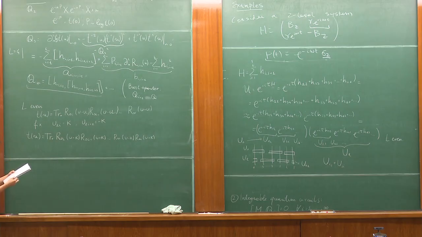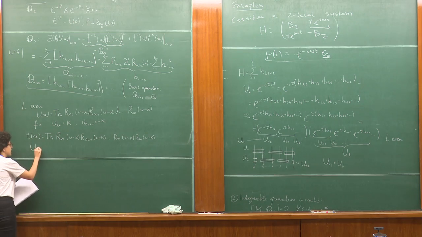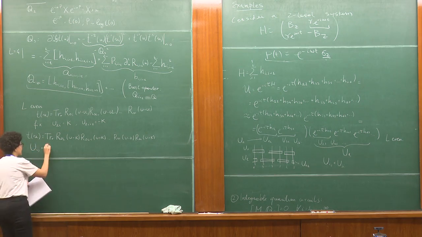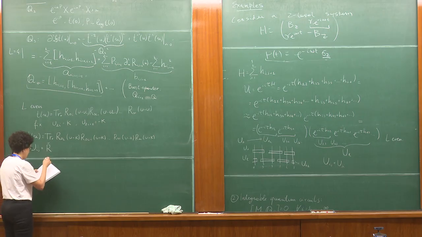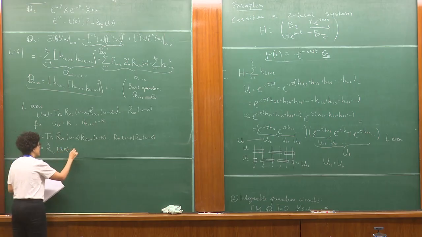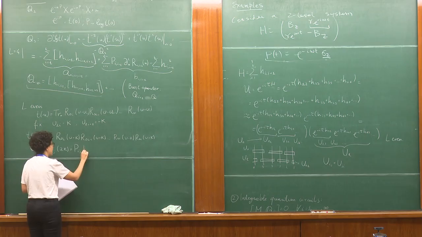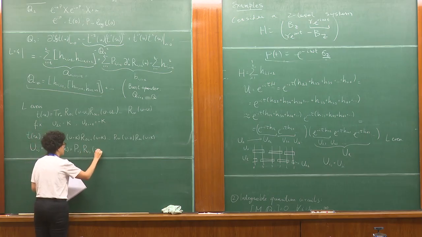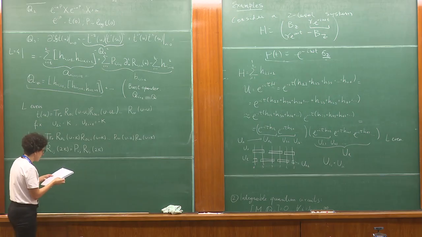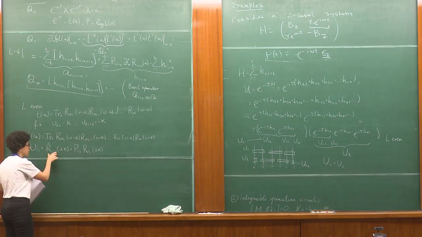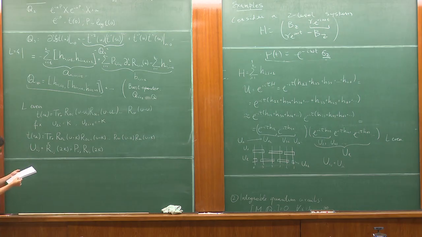But let me state the relation between R and U. We will use that U_ij is equal to R-check_ij at the point 2 kappa. So this is the permutation P_ij times R_ij(2 kappa). This was the definition of R-check that I gave before. Now consider a simple case, L equal to 6.